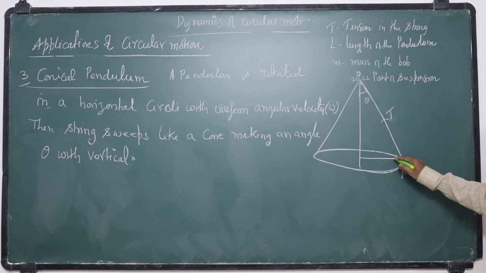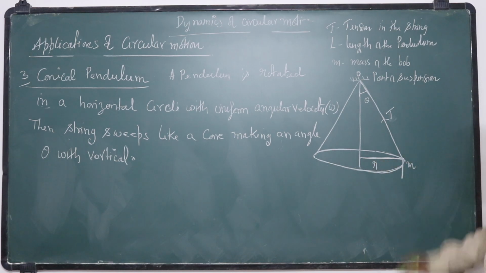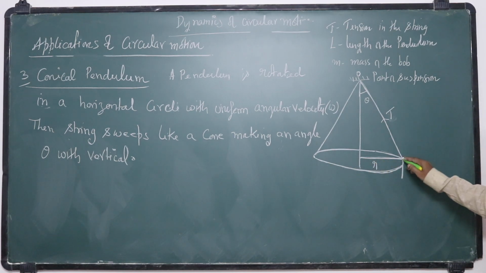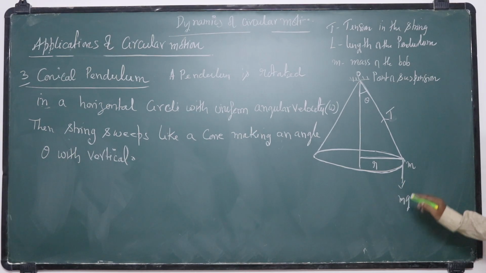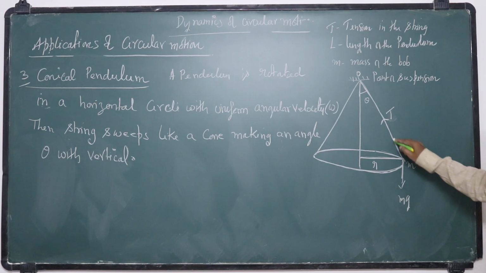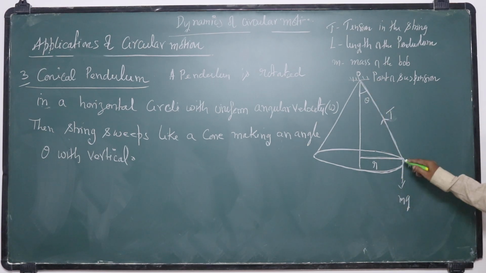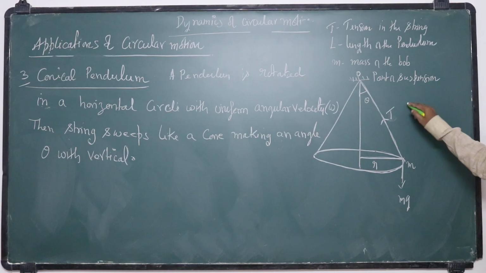Now it rotates in a circular path of radius small r. So what are the forces acting on the bob? Its weight mg vertically downwards, and the tension in the string towards the fixed point along the string. The resultant of these two will provide a centripetal force. No, not the resultant force.